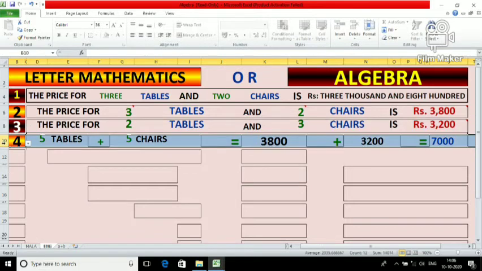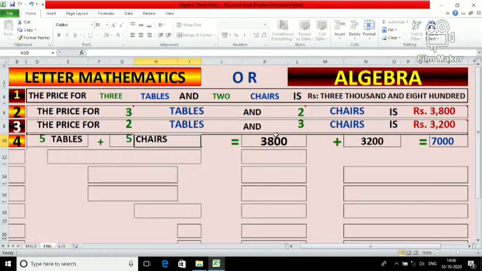Together they got 5 tables and 5 chairs. How much did they cost? 3,800 by the husband, 3,200 by the wife, totally 7,000 rupees. Okay, let's go to the next one.